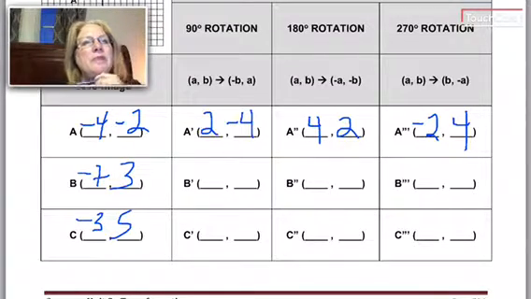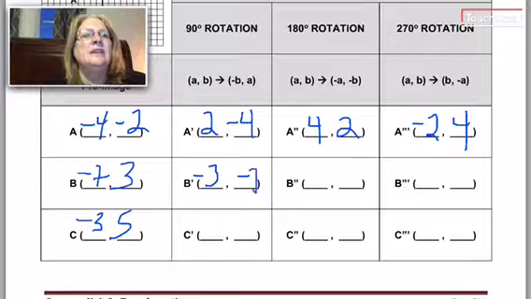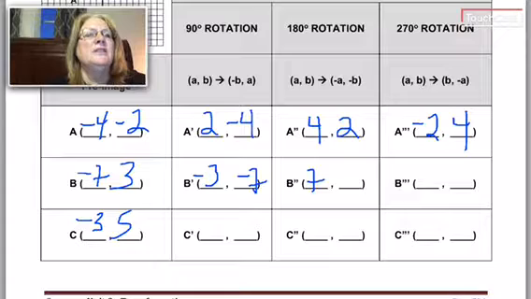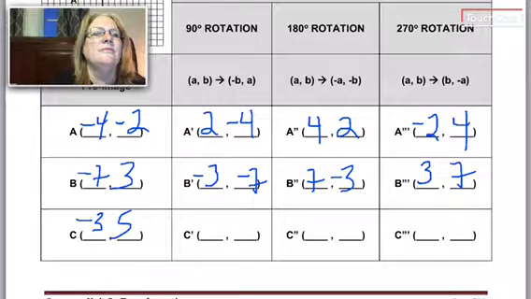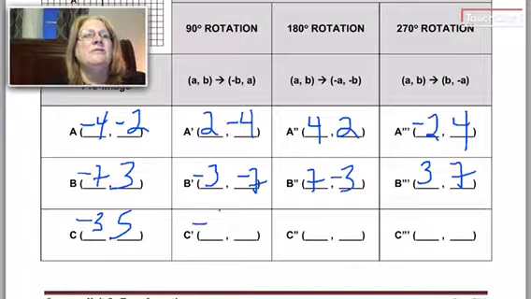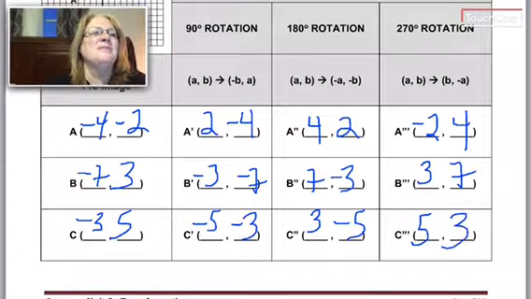So again, for point B, B prime, the 90 degree would become (-3, -7), because B stays the same. Then this one, (7, -3), and then this one is (3, 7). And on the last point, C, we have (-5, -3). Then we have (3, -5). And then we have (5, 3).